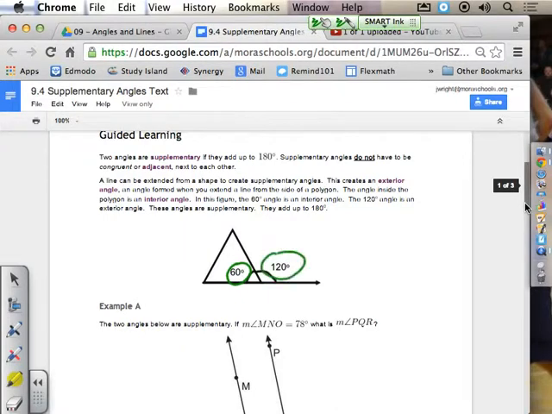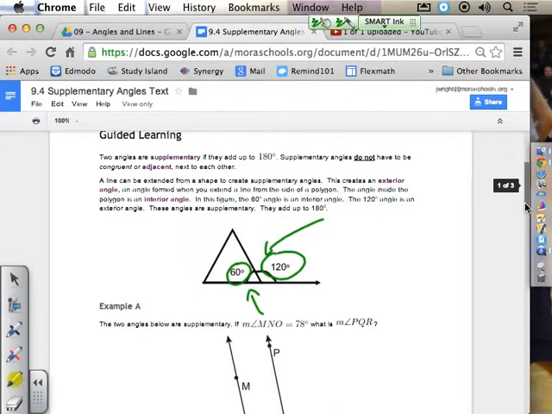We have a couple vocab words here that we have to know. The 60 degrees is an interior angle, which I hope you know means inside, because it's inside the triangle. The 120 degrees is outside the triangle, and that means exterior. That's an exterior angle. Okay, interior and exterior.